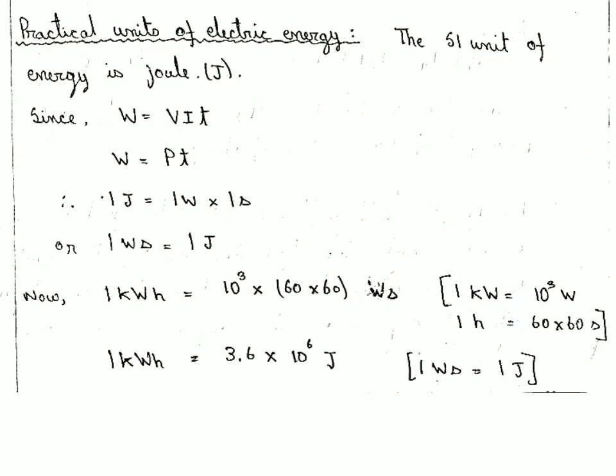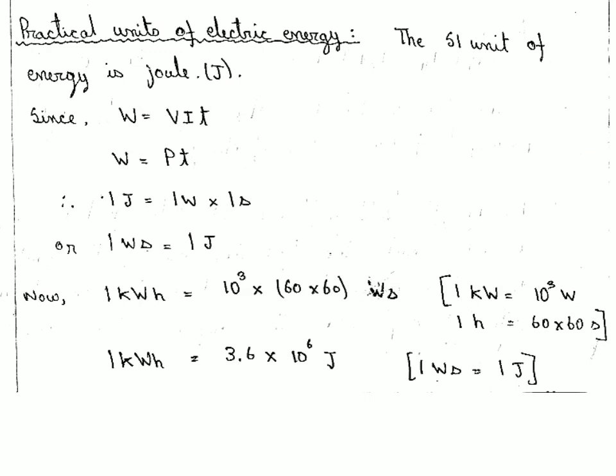Now 1 kilowatt hour, how much is this equal to? We'll have to find it out. So 1 kilowatt hour, this is the practical unit of energy, and this is equal to 10 to the power 3, as you're converting kilowatt into watt. Then into 60 into 60, as you're converting hour into second, so we have 60 into 60 seconds.